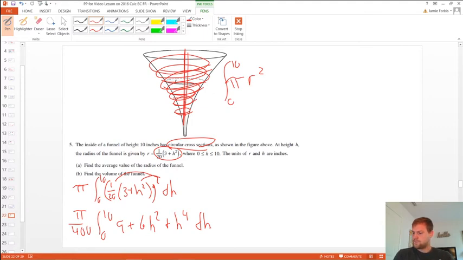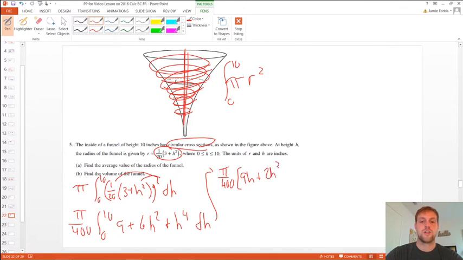Which, if I integrate this, that's pi over 400 times 9h plus 2h cubed plus 1/5 h to the fifth, and we're doing that from 0 to 10. Again, 0 is going to make all that cancel out, so I'm just going to plug 10 in really.